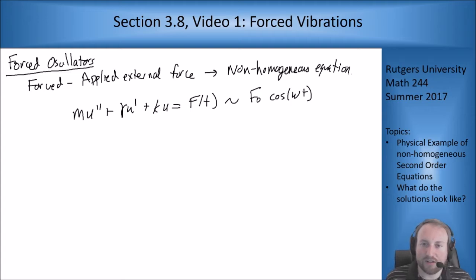Now, how did we solve non-homogeneous equations? Well, we either could use undetermined coefficients, which is going to be nice here with the cosine function, or variation of parameters.